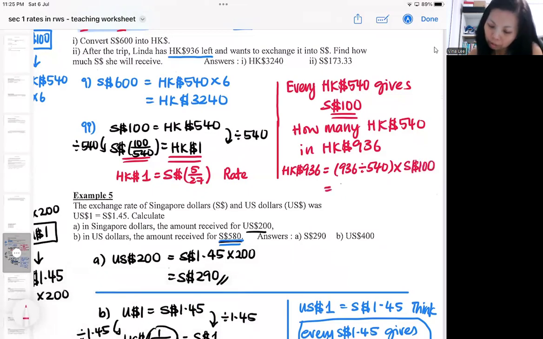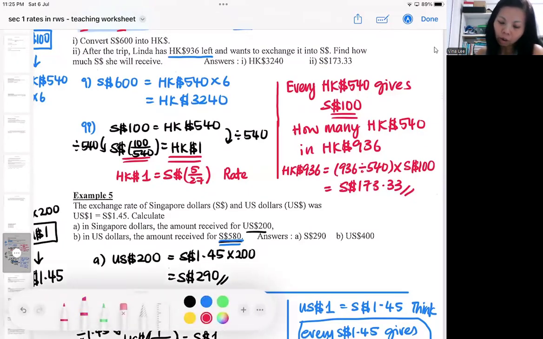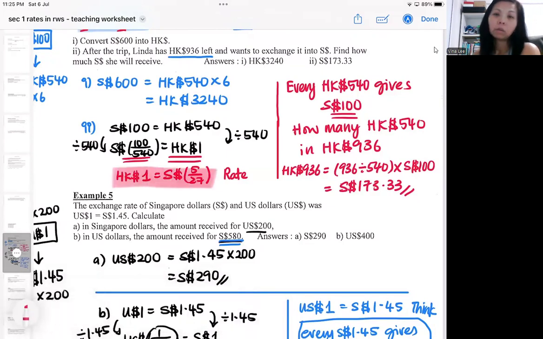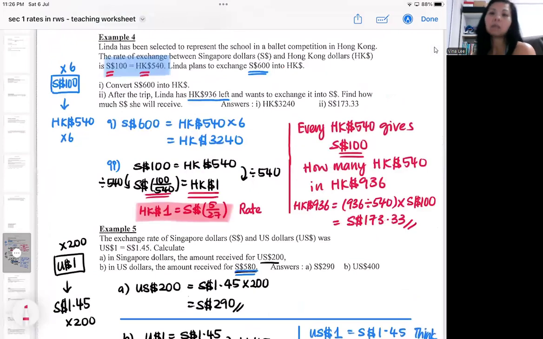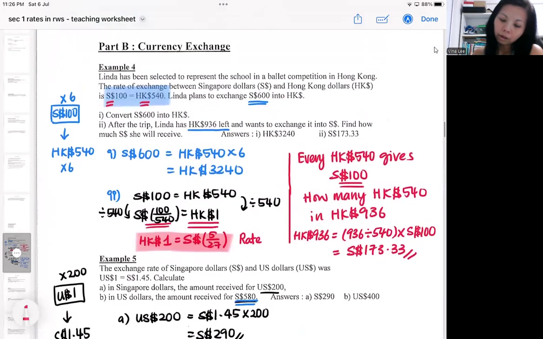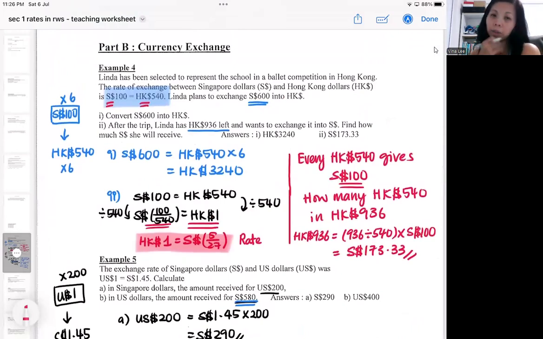So from here, you will still get the same amount, 173.33. So you can do it by the grouping idea, and then you do not need to find the rate for one Hong Kong dollar. So there are two ways of doing this kind of question: you can find the rates, or you can think about how many groups.